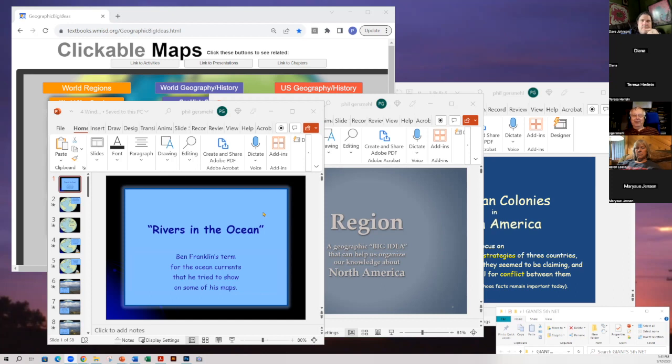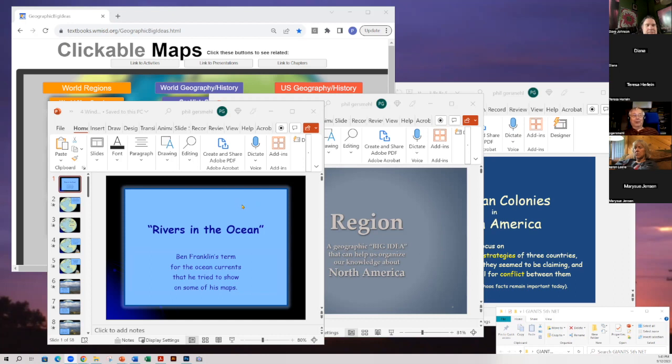And right at the end of the PowerPoint, it's going to list 12 different things that individually are just memorization, but when you put them together in this general map of what the rivers in the ocean look like, they all kind of make sense. And it's a case of learning one thing really well and saving you having to learn a dozen things sort of well.